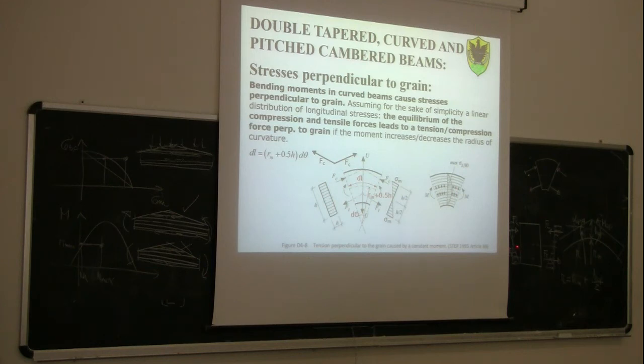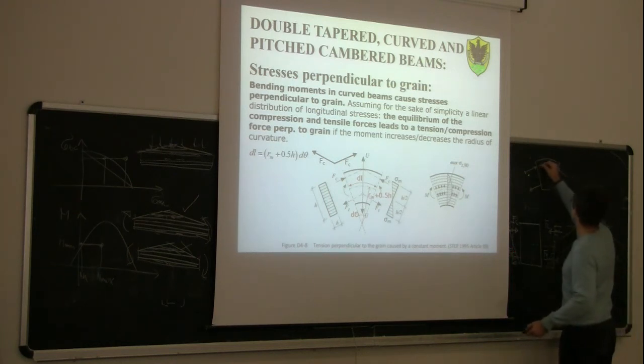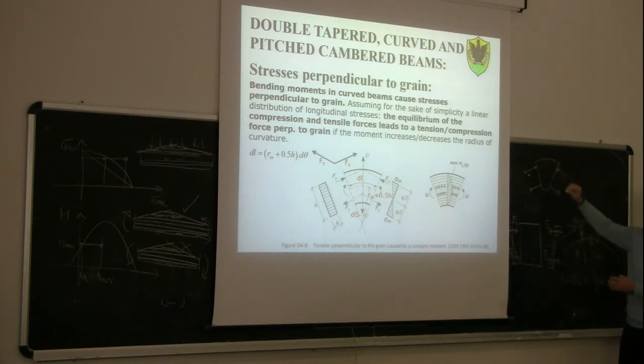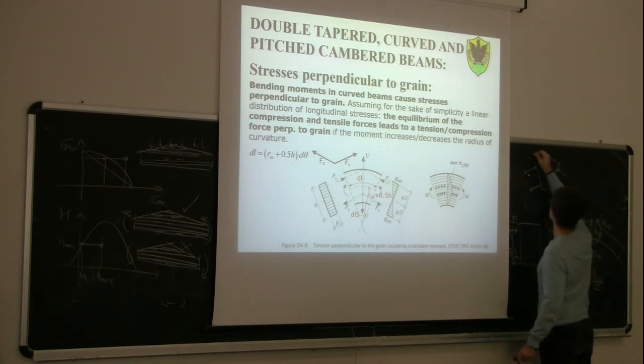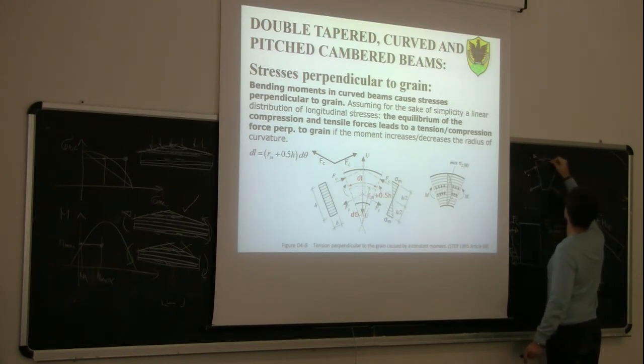Because in this case, of course, when I do the equilibrium, the system is in equilibrium, but as you can see here, I do the equilibrium of this force here. And I get one resultant here, and one resultant here.